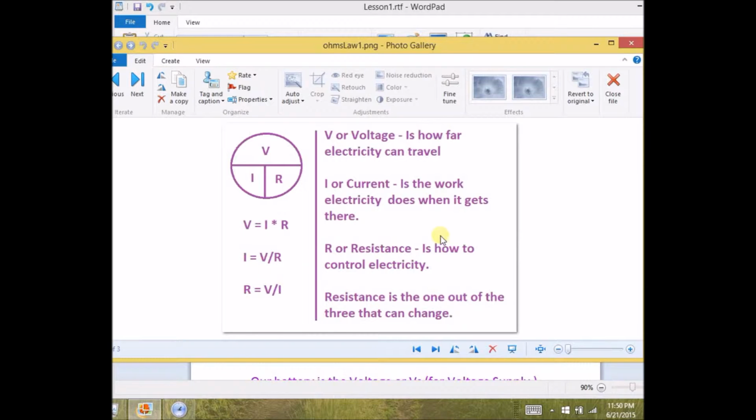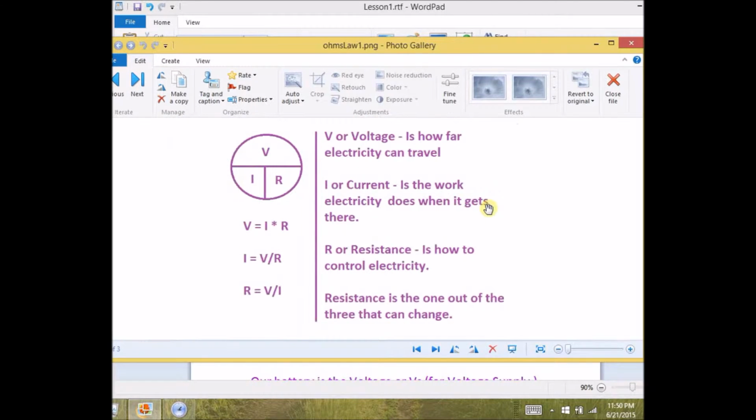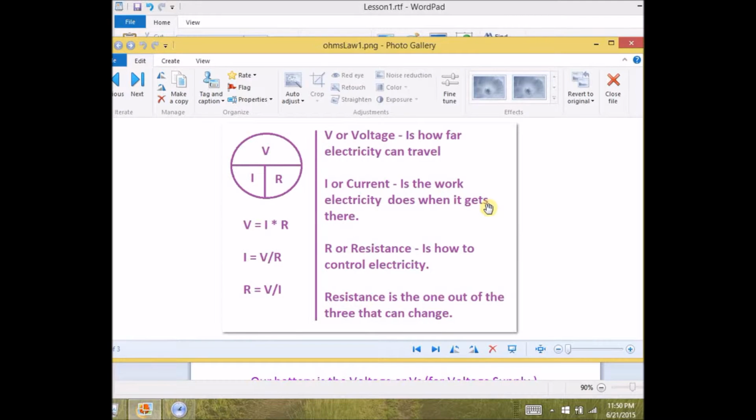So to explain this a bit, V, voltage, is how far electricity can travel. I, which confused me a lot because I saw I and thought, what the heck is this? Well, that's your current. It's the work the electricity does when it gets there.